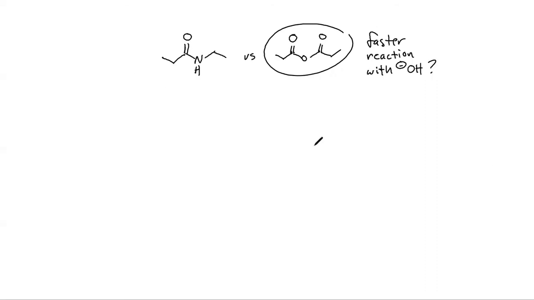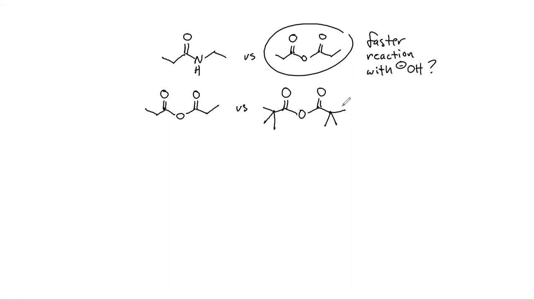Let's consider an example where we have two of the same functional groups, so that we can extend our thinking into other things we've studied over the years. Let's imagine that we have these two anhydrides, same functional group, so potentially the same leaving group.